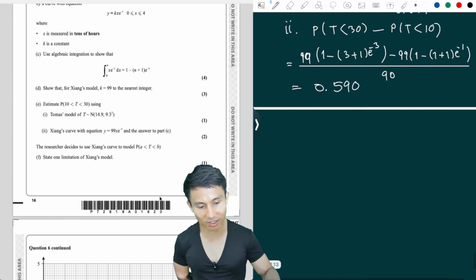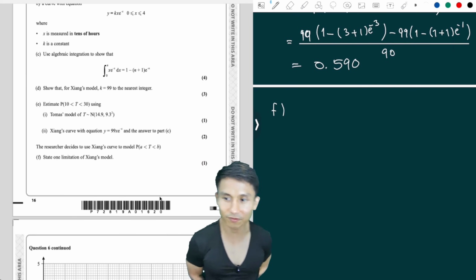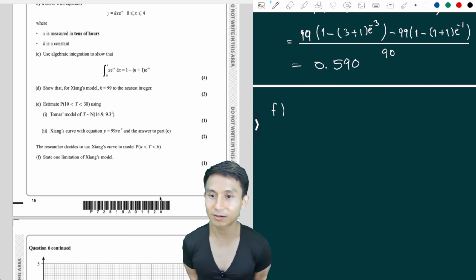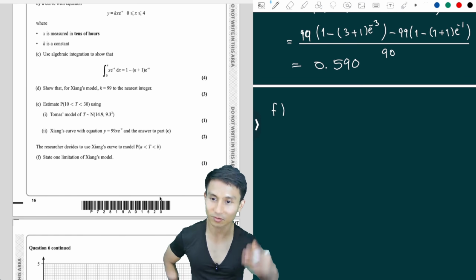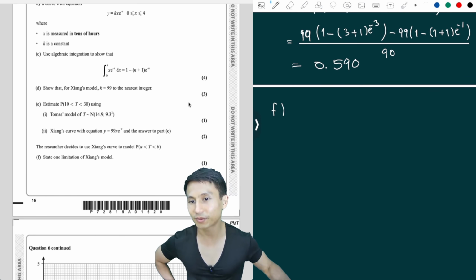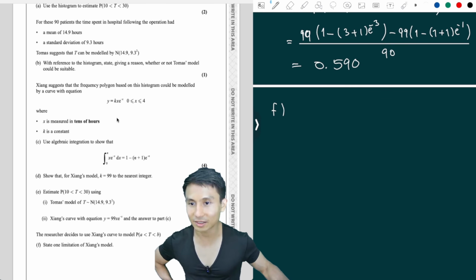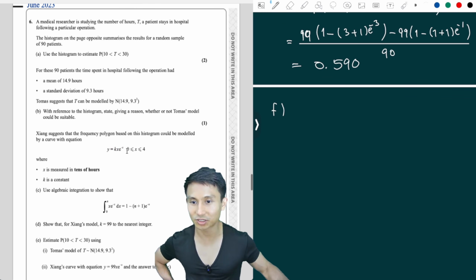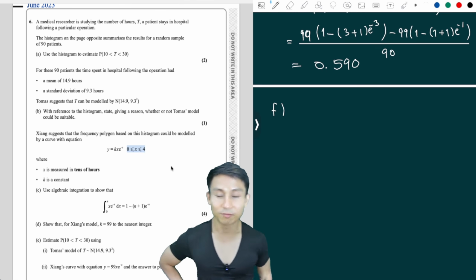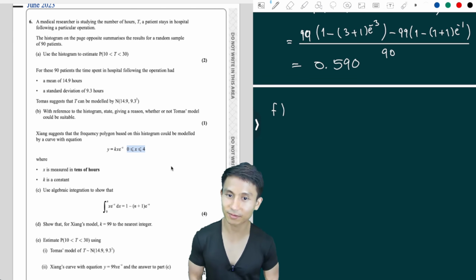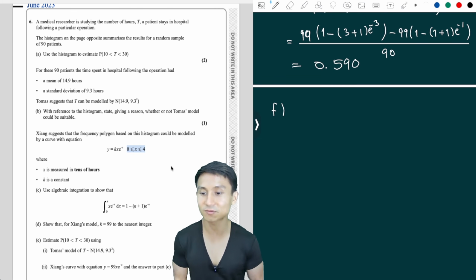Well, if you think about the reality of this situation, the patients waiting in line for their treatment, or just to see the doctor, Xiang's model is putting the whole situation to 0 to 4, meaning that the maximum number of hours is just 40 hours, right? Because don't forget x is in tens of hours.